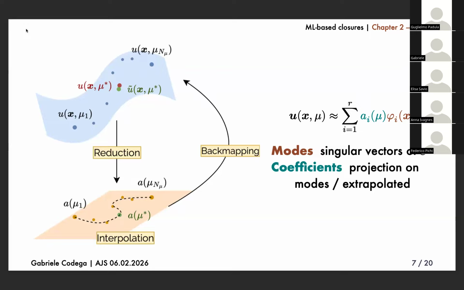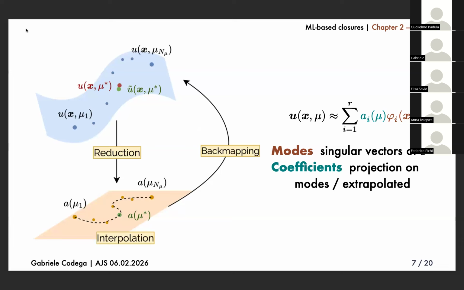Basically, you just do a singular value decomposition of your data, okay? And then instead of trying to find the value of your field at each node in your high dimensional mesh, you can simply look for the coefficients with respect to the POD modes. So basically, you're looking for points in here.